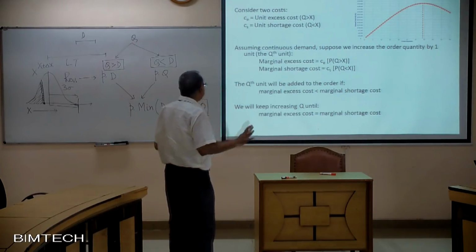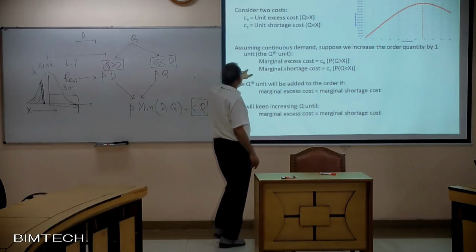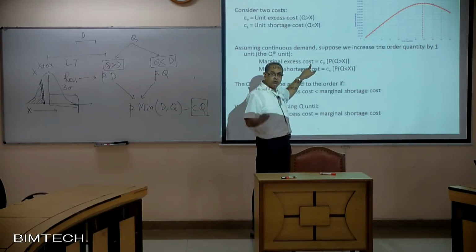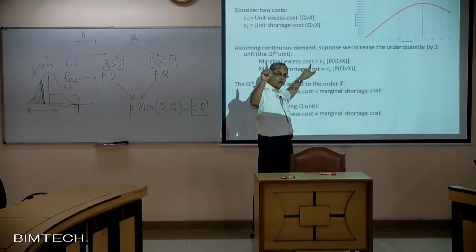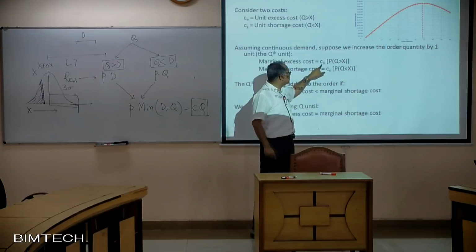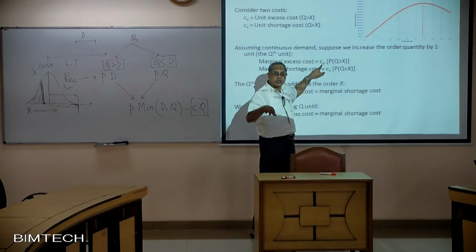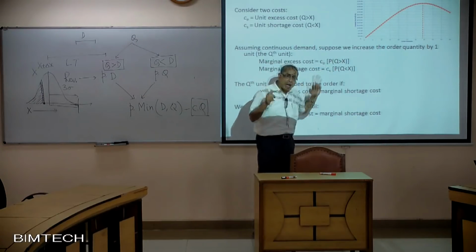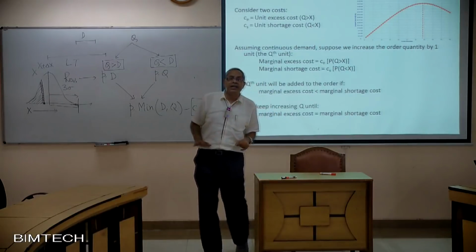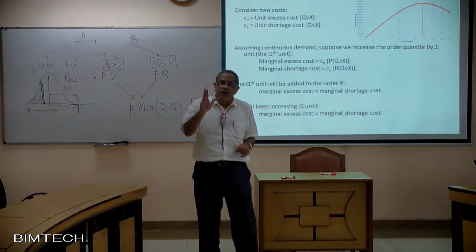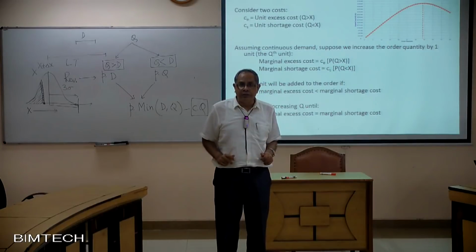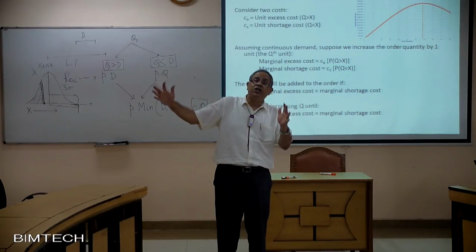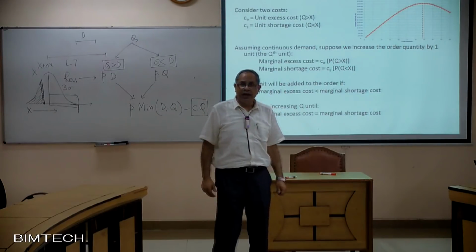So very simply we are saying that the marginal excess cost for the qth unit, remember we are talking of only one unit, is the unit excess cost multiplied by the probability that the qth unit is excess, that the qth unit is more than the demand, which means that the total quantity Q is greater than the demand X.